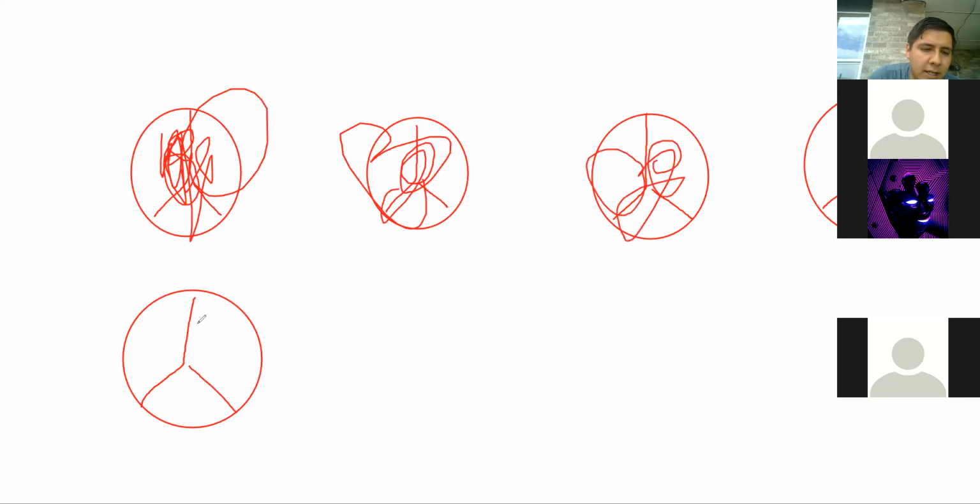And this one is shaded in only 2 of them. So we have 4 full ones and 1 that is shaded in with 2 of them.